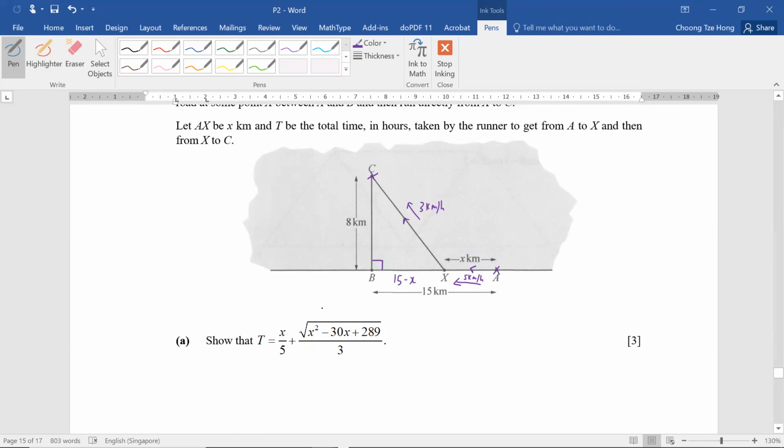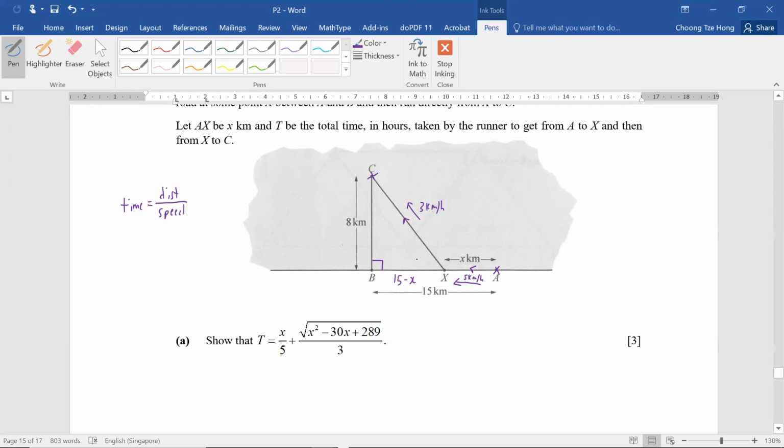Such questions look very difficult, but actually it's not really that difficult. You just have to break it up and do it part by part. Do you recall the formula that relates distance, speed and time? Time is equal to distance divided by speed.